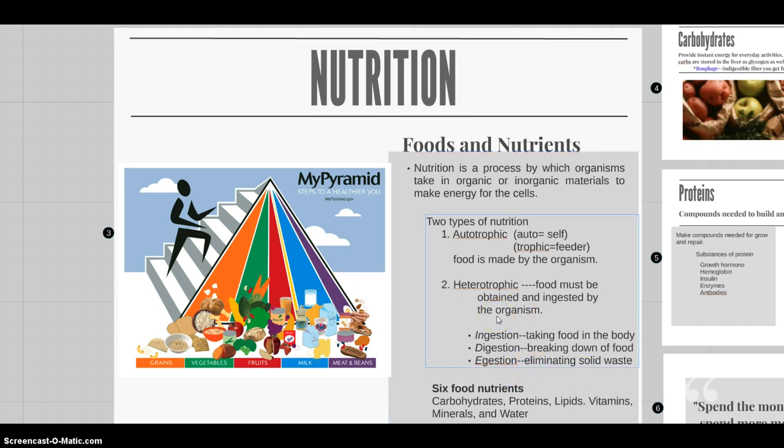Now, when you think about nutrition, or should I say digestion, you have 2 types of digestion. You have intracellular digestion that happens inside of the cells, like in plants.